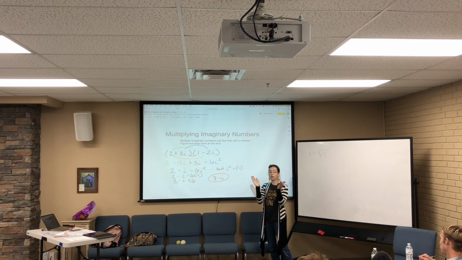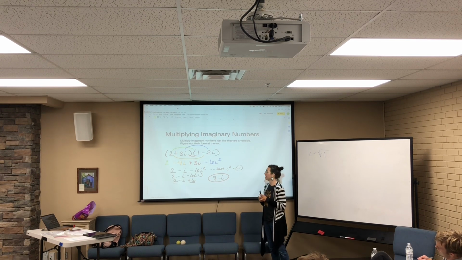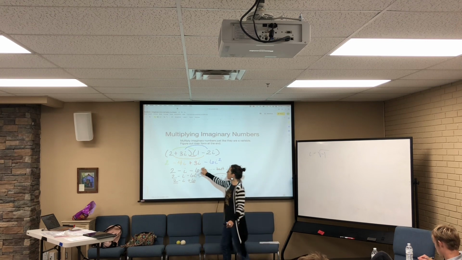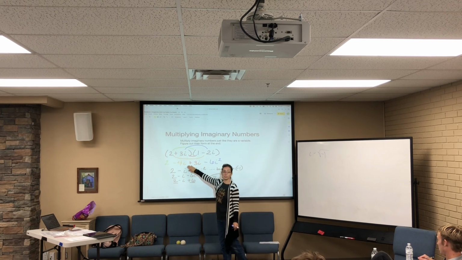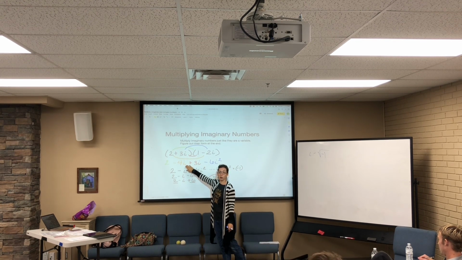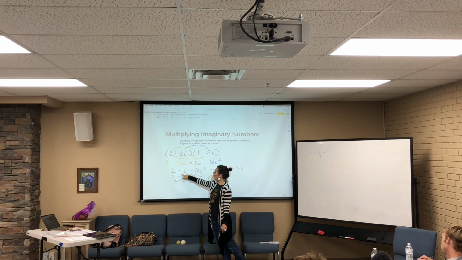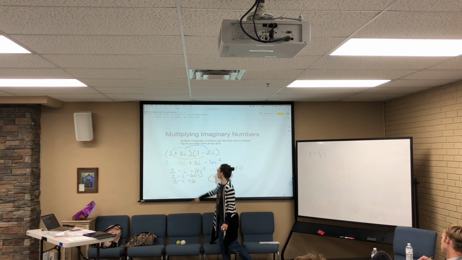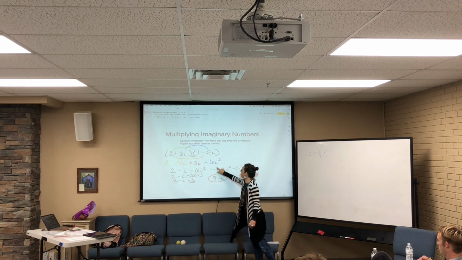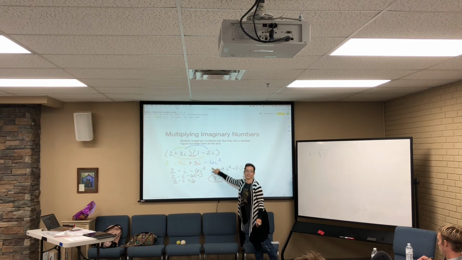Now we're going to start combining and simplifying what we can. We can combine our middle terms because this is just like a variable. So -4i plus 3i gives me just -1i, so we've got -i. Now, what do I know about i squared?